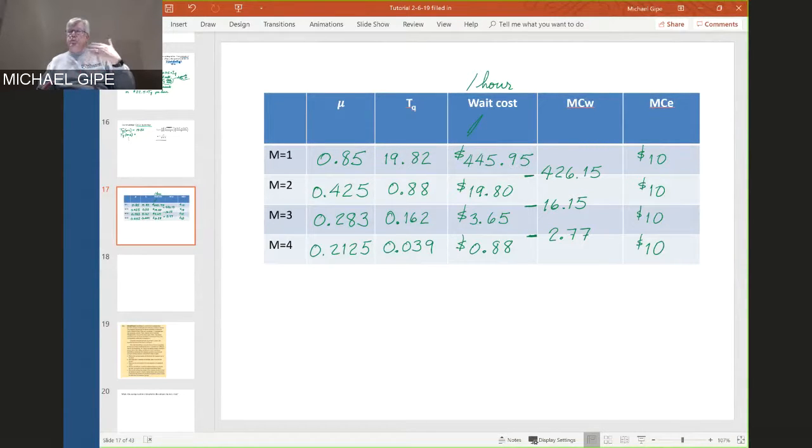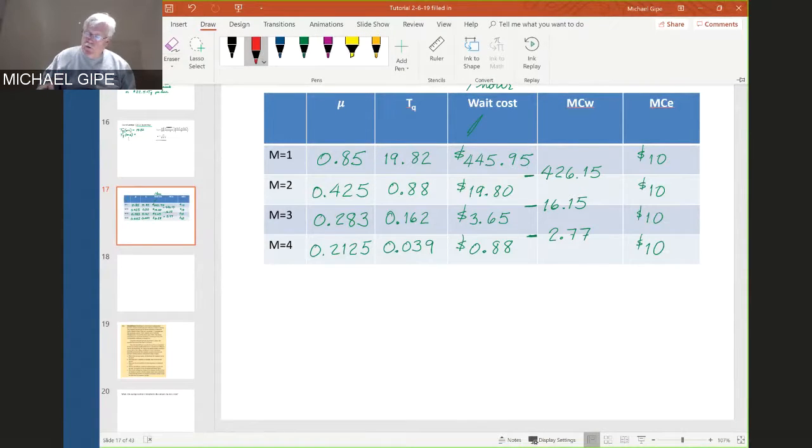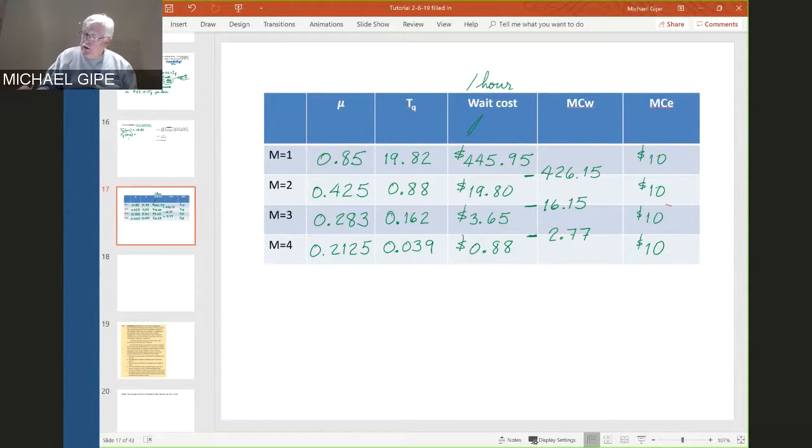We don't want to be spending more than we're saving. So we look at this table and see that the closest we can get to $10 without going below $10 is with 3 employees. So 3 employees is the optimal number.